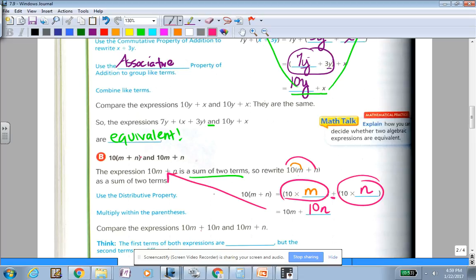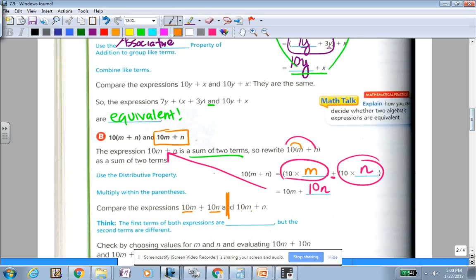Remember, we're looking at two different expressions. The second one we're looking at is 10m plus n. First of all, let's compare the expressions that are here. We have 10m plus 10n and 10m plus n, a singular n. Well, let's think a little bit. The first terms in both expressions are what? 10m.